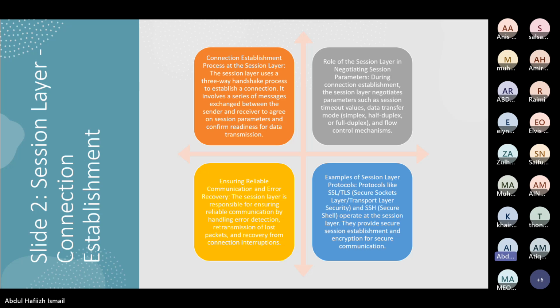This ensures that data is reliably delivered to the intended recipient. The session layer also handles recovery from connection interruptions, such as network failures or sudden disconnection. It plays a vital role in resuming interrupted sessions once the network becomes available again.